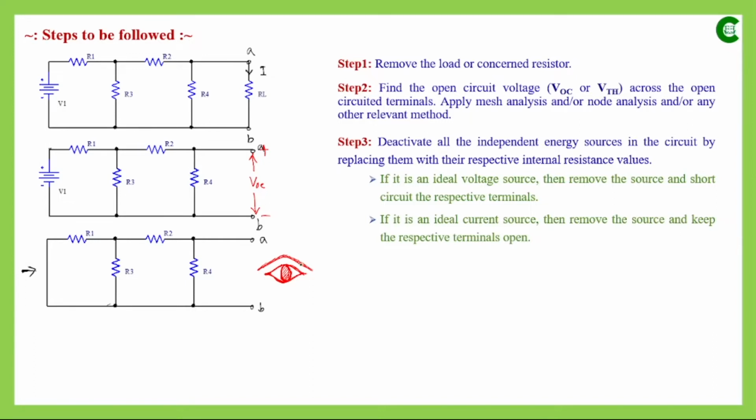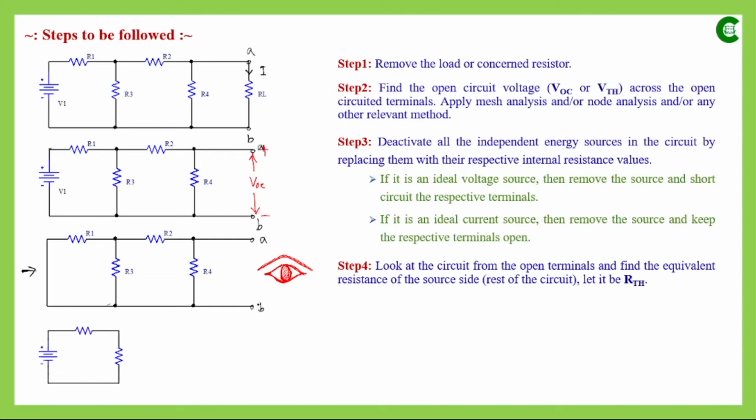Now after finding the equivalent or internal resistance, which is called Thevenin's equivalent resistance, we will represent the whole circuit other than RL by a single voltage source, which we found as VOC, also called Thevenin's equivalent voltage, VTH, found in step 2.